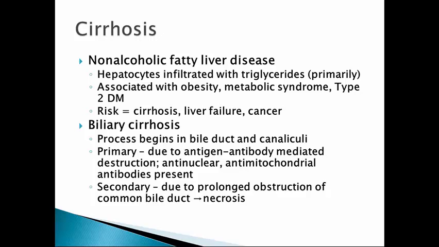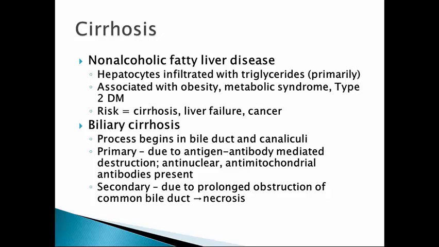With biliary cirrhosis, the process has started in the bile duct and the canaliculi of the liver. Remember, the canaliculi are part of your drainage system. Now, biliary cirrhosis can either be primary or secondary, and these are quite different. Primary biliary cirrhosis is usually an antigen-antibody-mediated destruction.